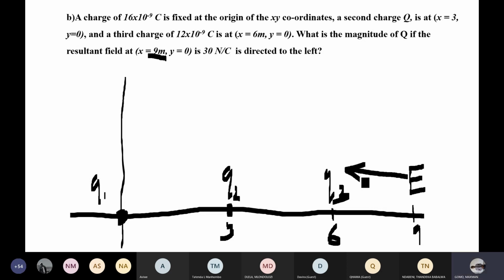It's going this side. So this is easy. You need to calculate E1, the effect of Q1 on what? On the point charge that is here.